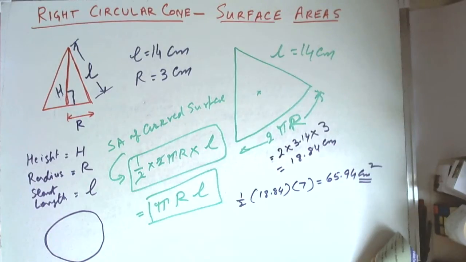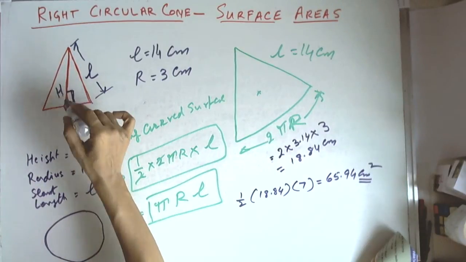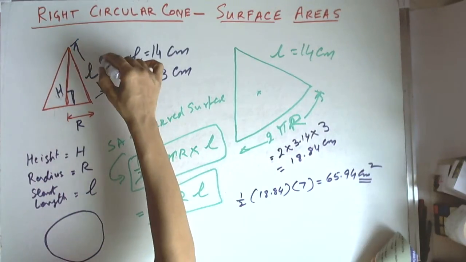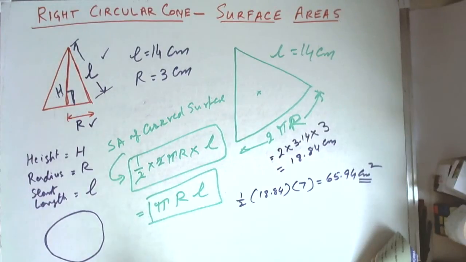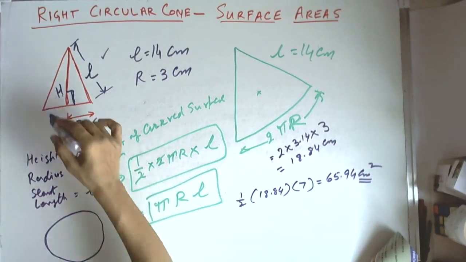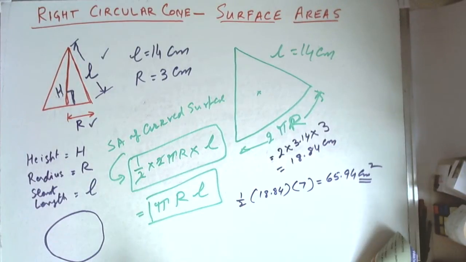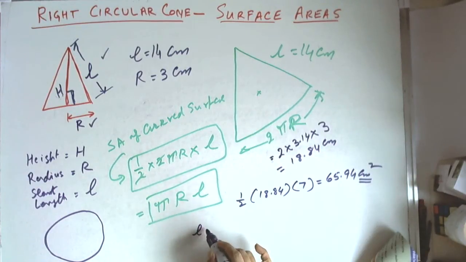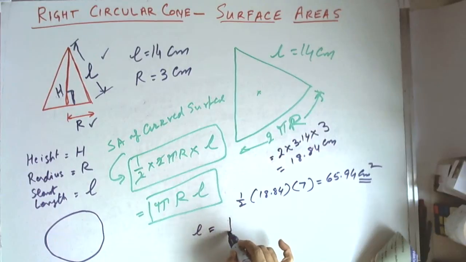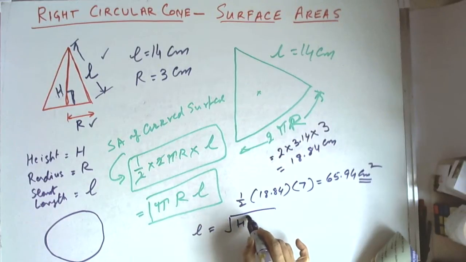Now, as we have mentioned, we are talking of a right circular cone, so this angle is 90 degrees. So if L and R are known, we can always determine H. Or if H and R are known, we can always determine L. If the height is given, then L will be equal to the square root of H square plus R square.